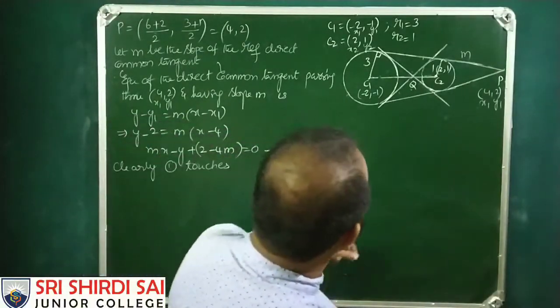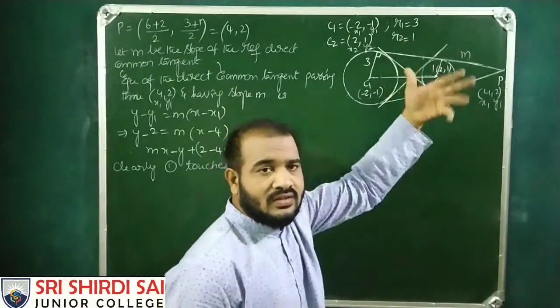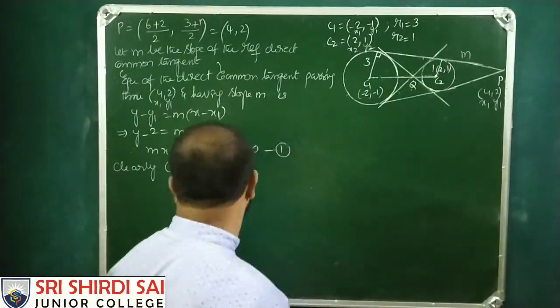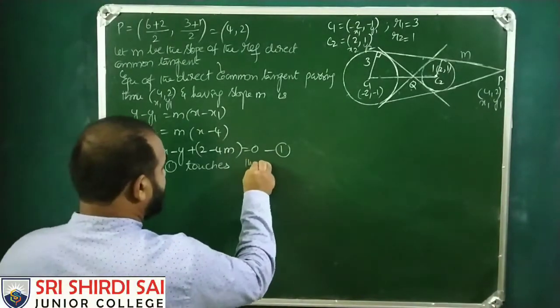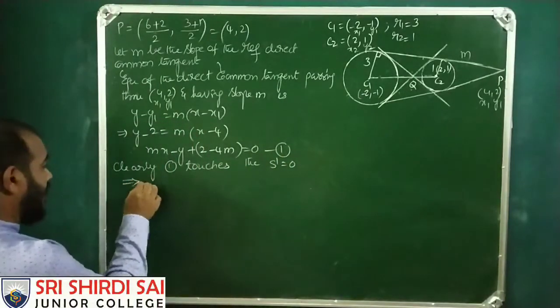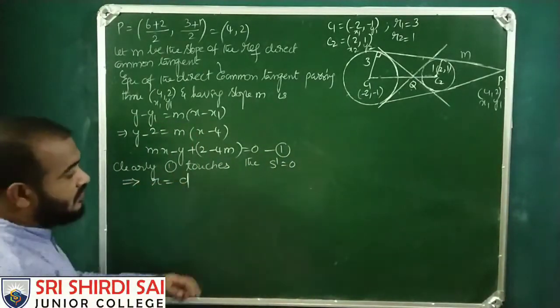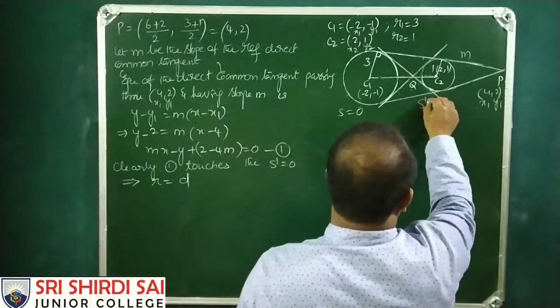I'll take the second circle because its radius is 1; the simplification will be easier. So clearly 1 touches the second circle, S dash equals 0, which implies r equals d.